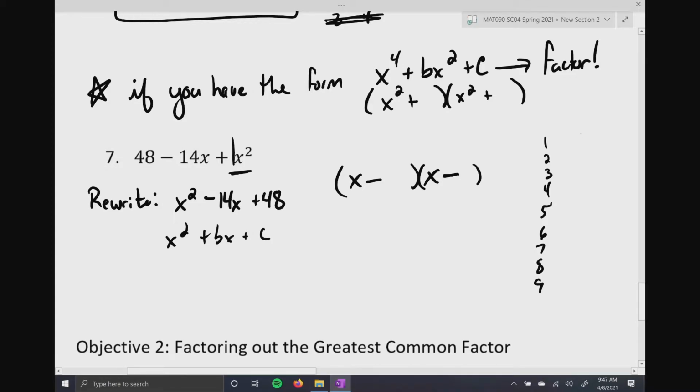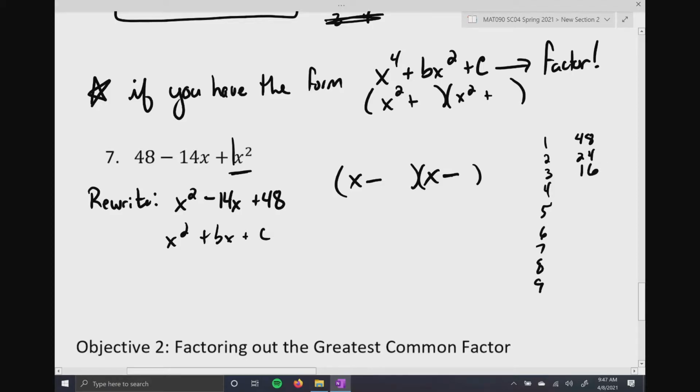1 times 48 equals 48. 2 times 24 equals 48. 3 times what gives me 48? 16. Yeah, 18 would be too much.